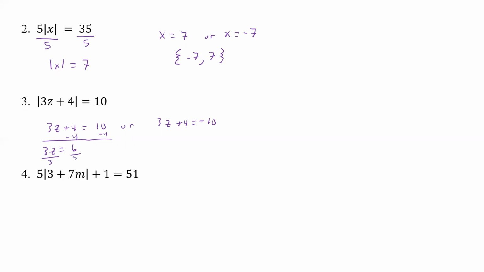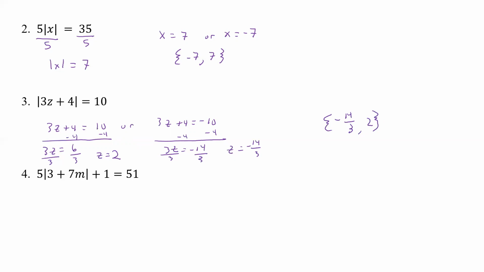Divide by 3, and z equals 6 divided by 3, which is 2. Or subtract 4, 3z equals negative 14, divide by 3, z equals negative 14 over 3. And again, our solution set would be that.